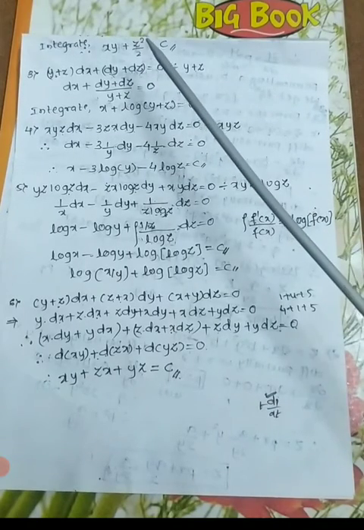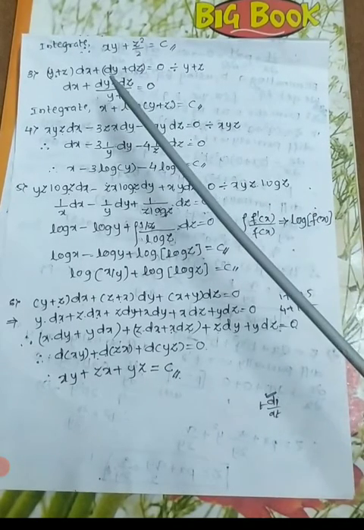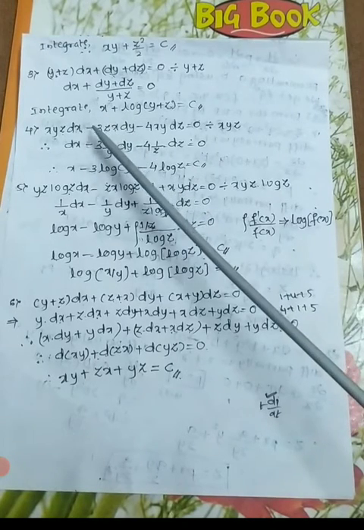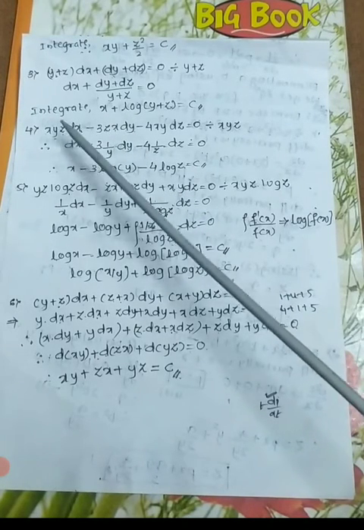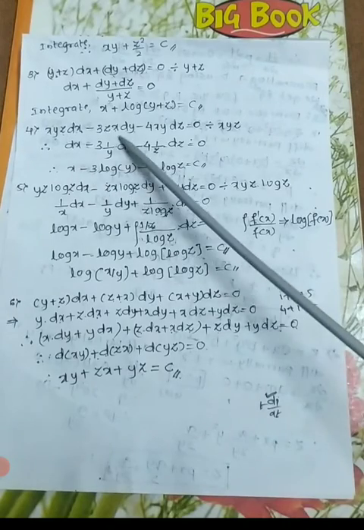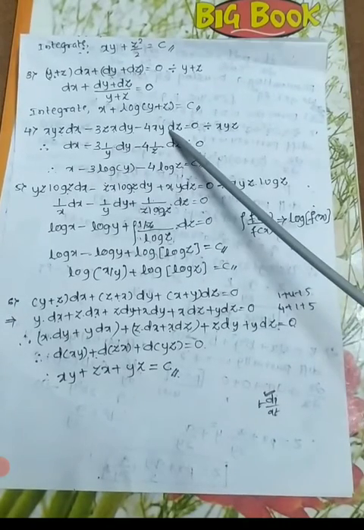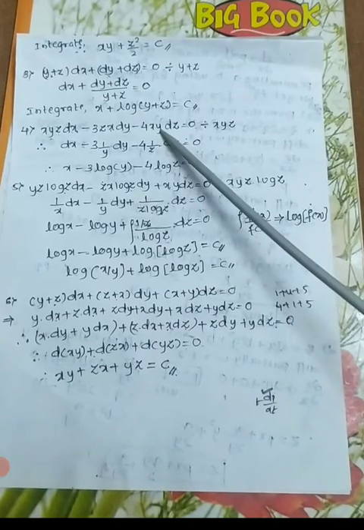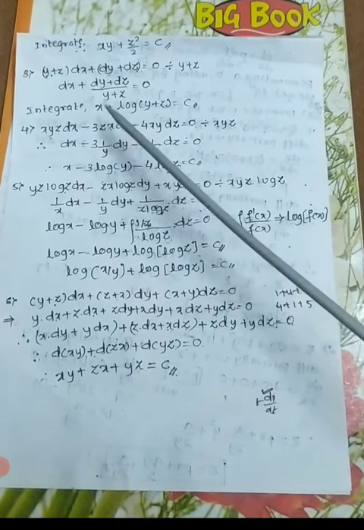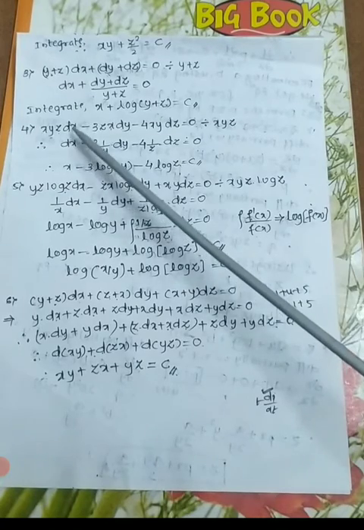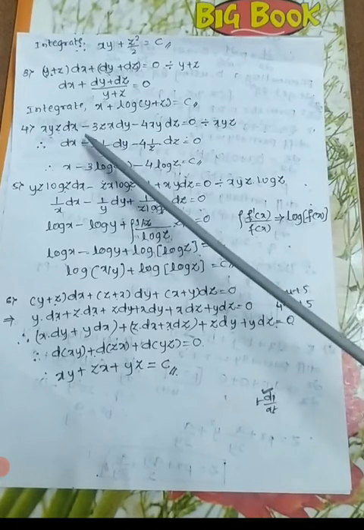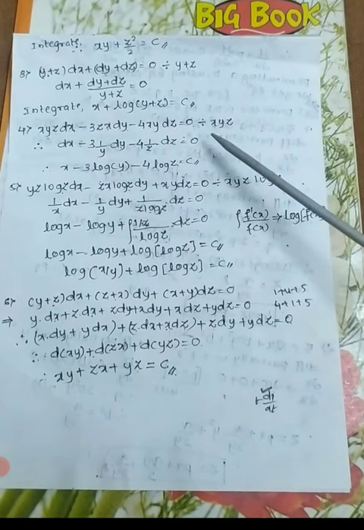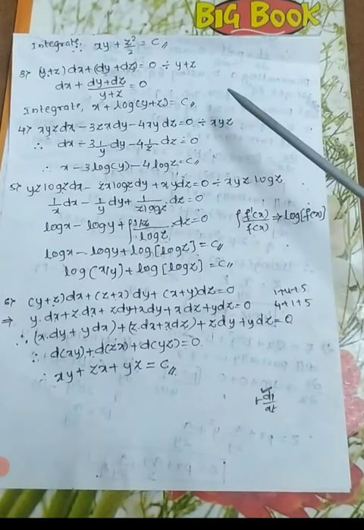xyz dx minus 3zx dy minus 4xy dz equals 0. See here in this example, we do not get proper terms to integrate. The equation is integrable, but dx contains xyz, dy contains zx, dz contains xy. We must eliminate xy in the dz term, zx in the dy term, and yz in the dx term. Generally, in this type of example you have to divide by xyz. What do you get?